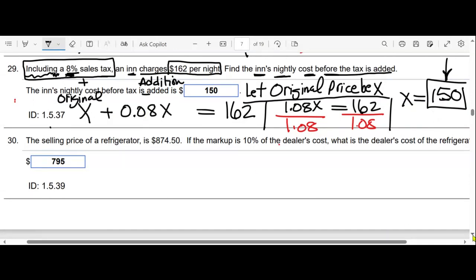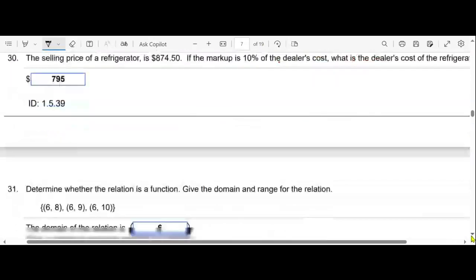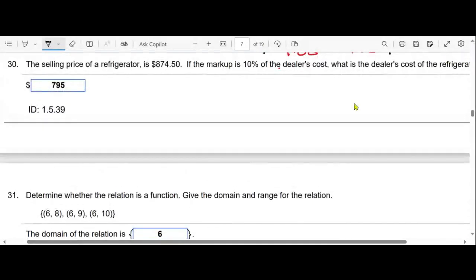Okay, let's go to the next one. Read it on. Okay. The selling price of a refrigerator is $874.50 if the markup is 10% of the dealer's cost.